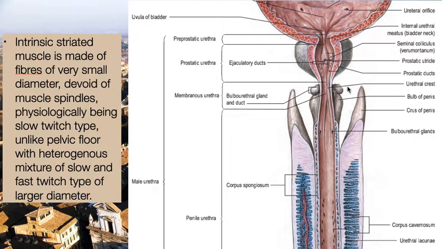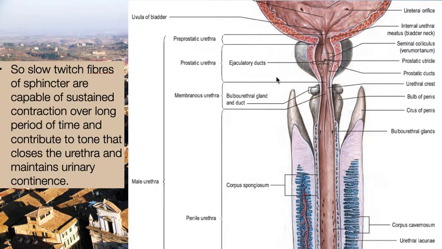Intrinsic striated muscle is made up of fibers of very small diameter, devoid of muscle spindles, physiologically being slow twitch type, unlike the pelvic floor with a heterogeneous mixture of slow and fast twitch type of large diameter. Now, these slow twitch fibers of the sphincters are capable of sustained contraction over a long period of time, and this contributes to the tone and closes the urethra while maintaining urinary continence.